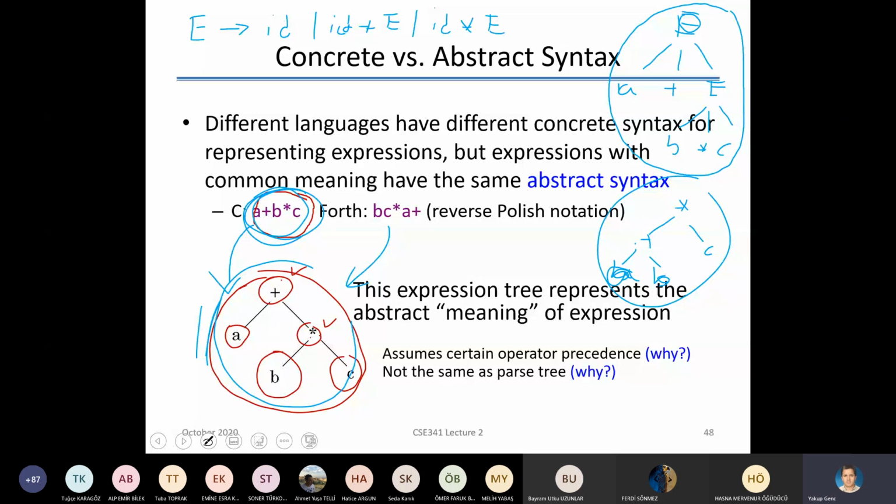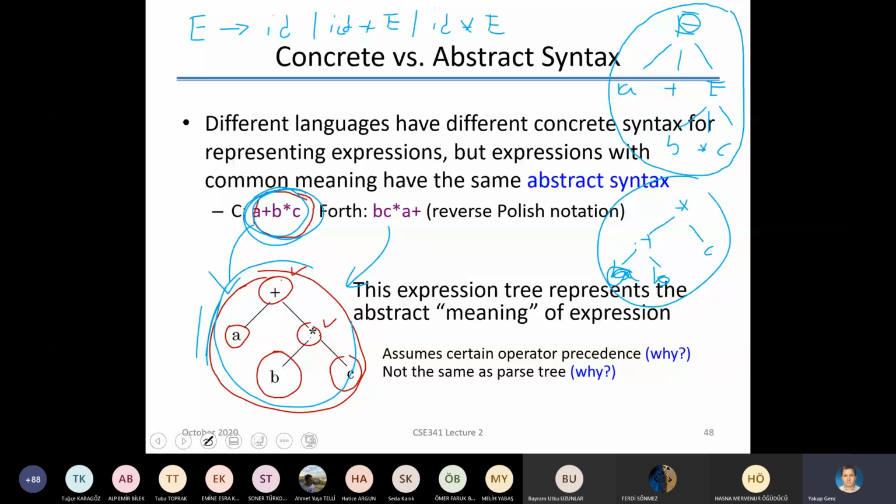Okay. This is important. Please don't confuse an expression tree with a parse tree. You make this mistake quite a bit in exams and other places. An expression tree is a way to define the abstract syntax of an expression, which is useful for explaining things like this here.